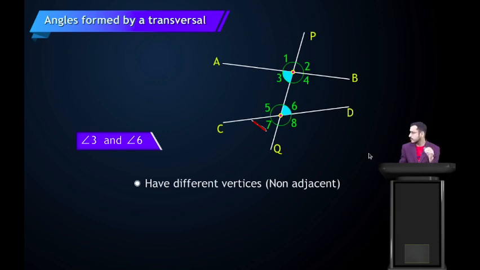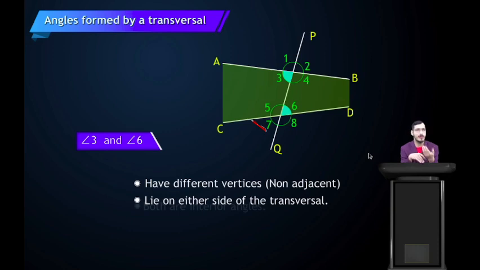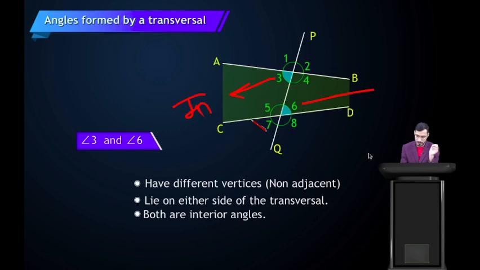Second point, they lie on either side of the transversal, that means one is on the left side and the other on the right side. And third point, both are interior angles. Angle 3 is an interior angle, and angle 6 is also an interior angle.